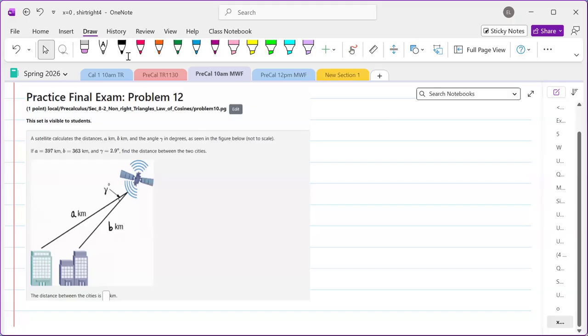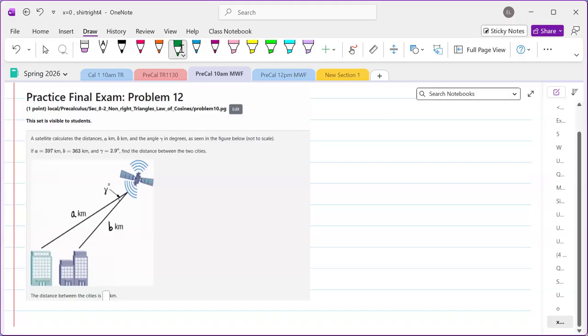So this one is very directive because it's labeling everything for us. On the test, I'm going to give you the numbers and an angle, and I'm going to give you a diagram with the numbers filled into the diagram.